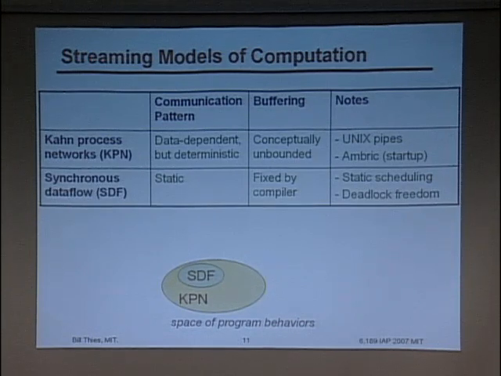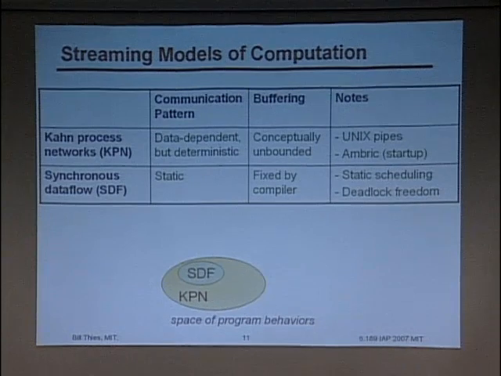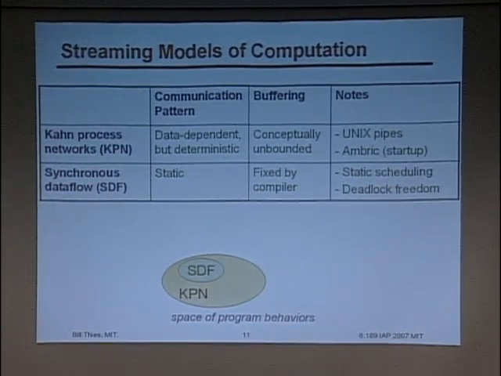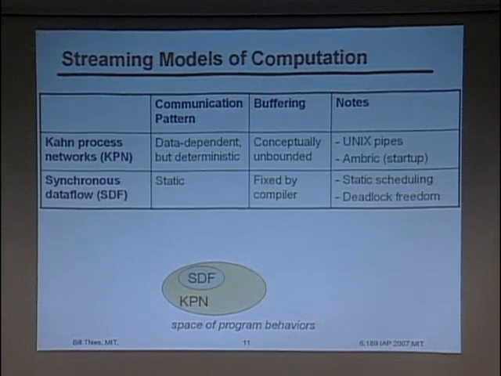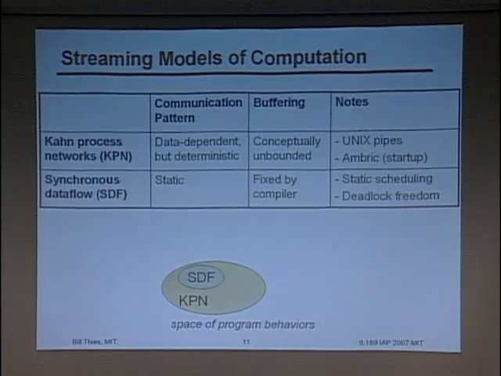So for example, in synchronous data flow, the programmer actually declares how many items it will consume from each of its input channels on a given execution step. So there's no more data dependence regarding the communication pattern. It'll always input some items from some of the channels and produce some number of items to other channels. And this is a really nice property because it lets the compiler do the scheduling for you.